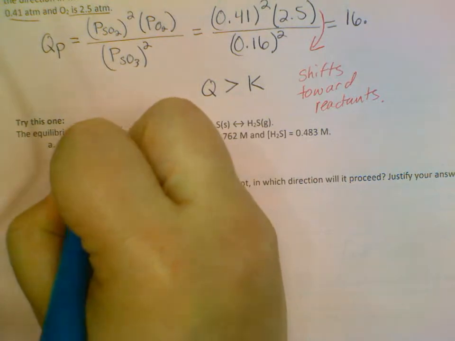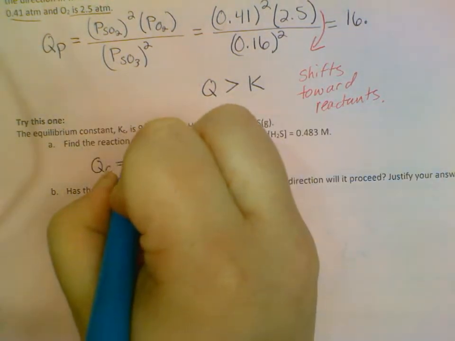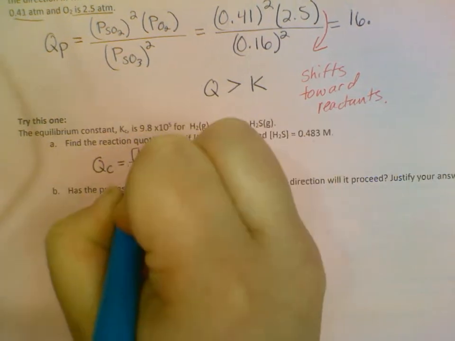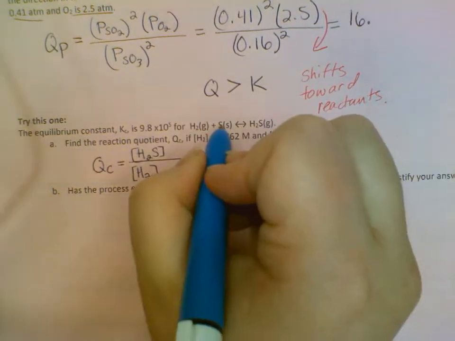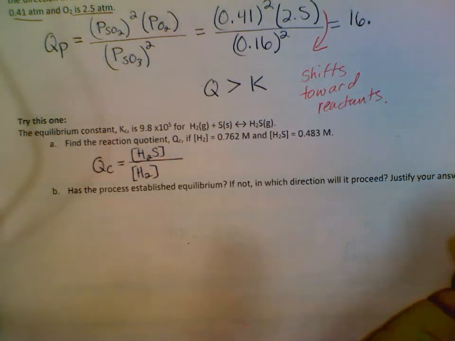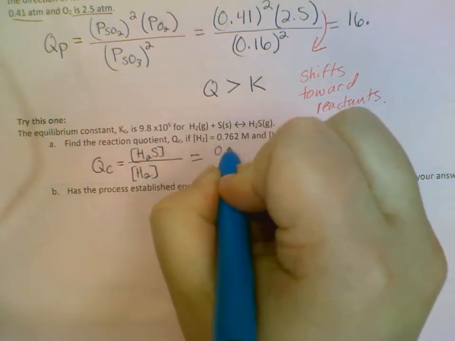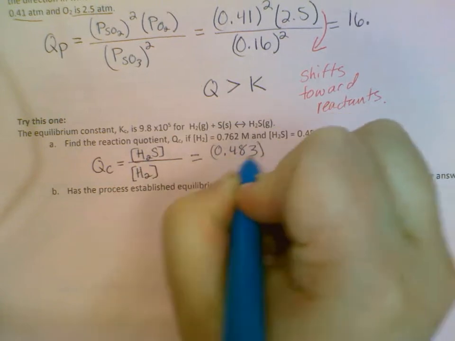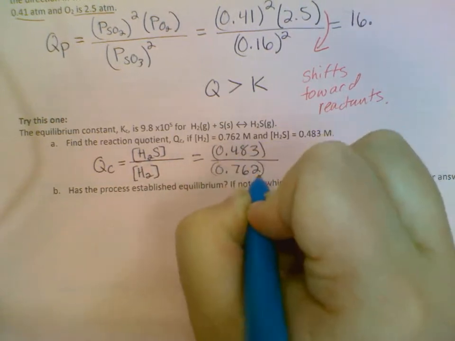So find the reaction quotient QC for this reaction. So H2S is our product over H2, reactant. And sulfur is a solid, so we're going to leave it out. So that means our H2S, 0.483 over 0.762.